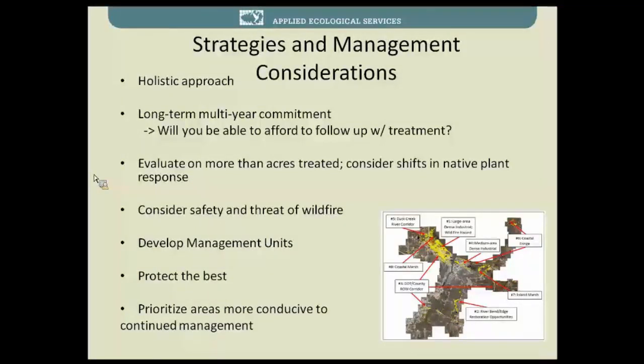There's nature centers and isolated areas that might be important to manage. All the strategies and management considerations that might have been considered during the science mapping and detection process are discussed during the charrette or during the stakeholder process.